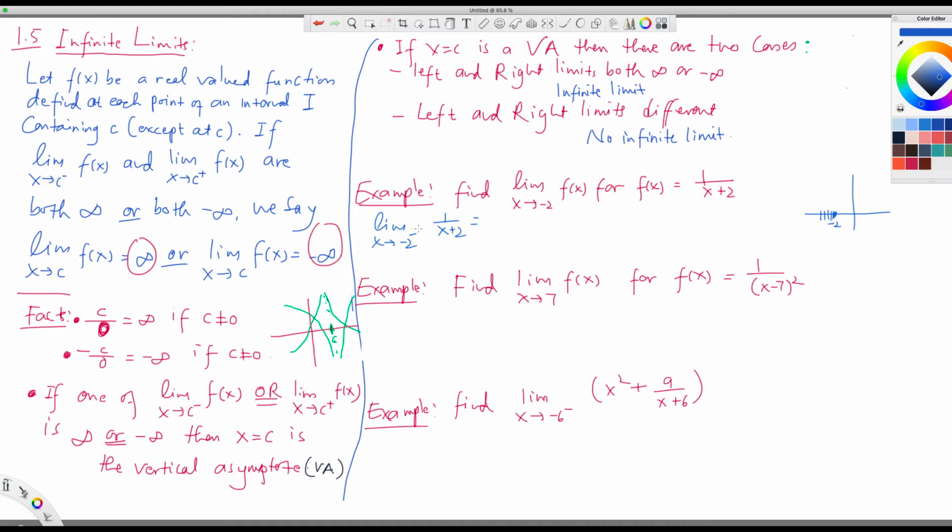In that case, x plus 2 will be a negative number, so you will get a negative number in the denominator. Whenever you take x values close to negative 2 from the left, you get a negative number. So it will be like negative 1 over 0 format.